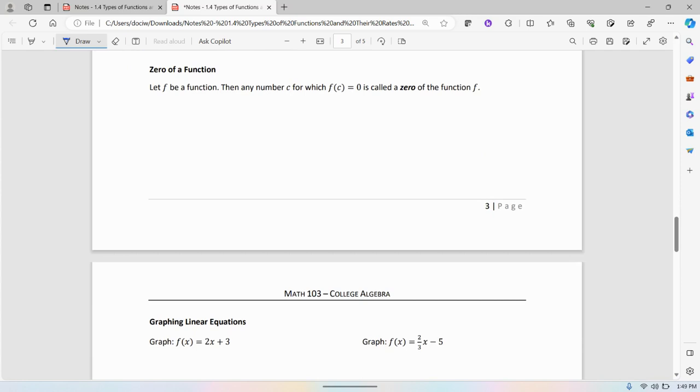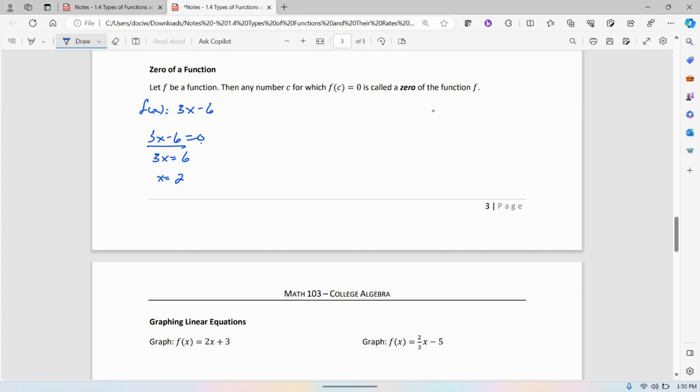The zero of a function is the value of x that makes a function equal to 0. Suppose I have f(x) = 3x - 6. What value of x will make that equation equal to 0? 3x - 6 = 0. I set the 3x - 6 equal to 0, and I'm solving for x.